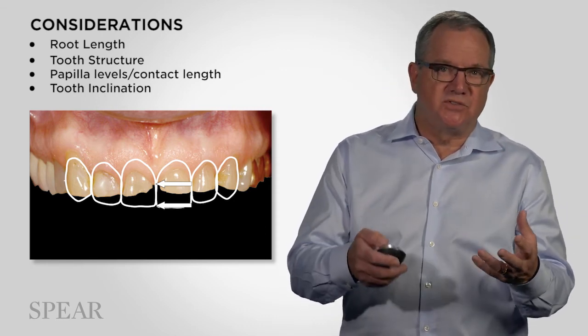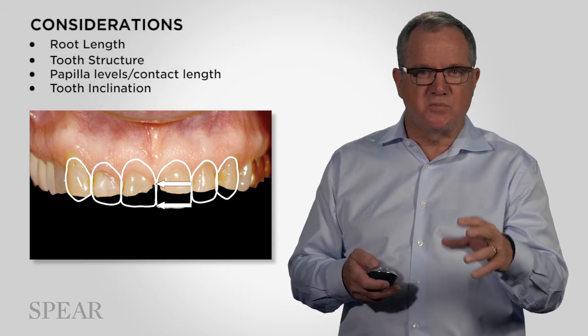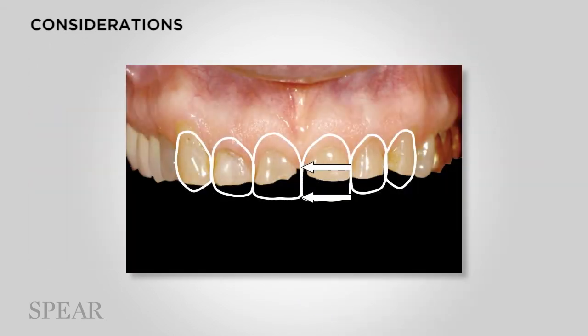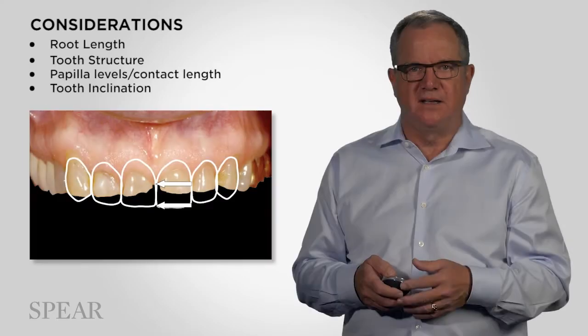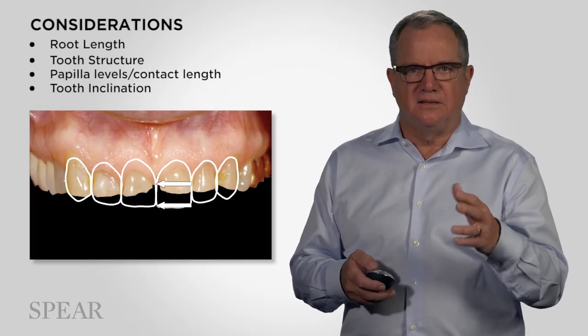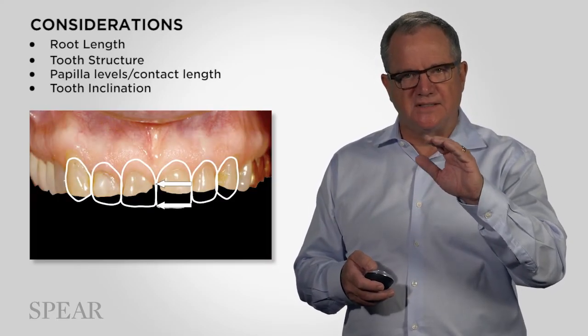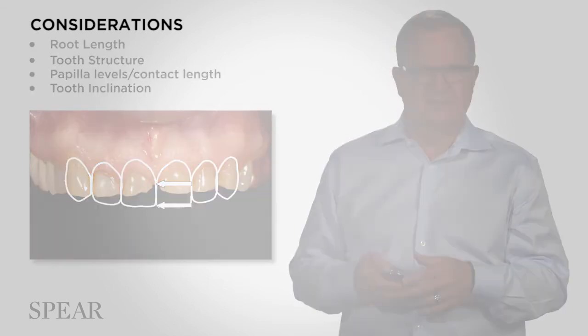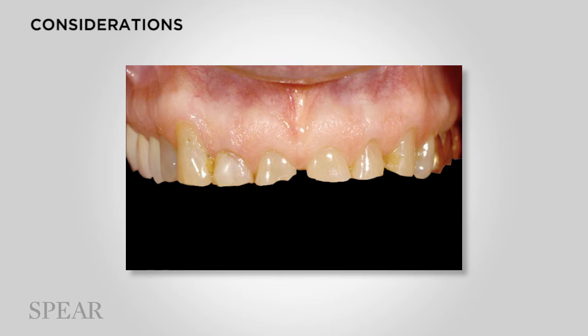So sometimes intrusion actually can end up with a contact length that's not as attractive as if you did crown lengthening, but oftentimes that's a compromise you have to make. In his case, the papilla level between the centrals could be left, provided you can figure out how to restore the teeth.